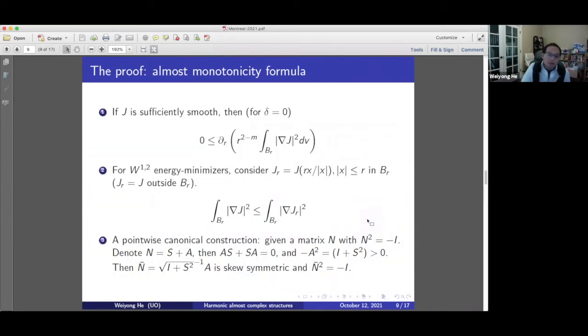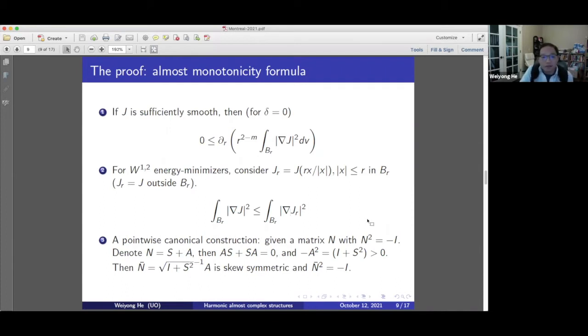Okay. So as I mentioned, for this smooth setting, almost complex structure, we have the homotopy classes and then the invariants, essentially from, for example, the Chern classes. And in this W12 setting, all this information will be lost, since in general they are not continuous. In particular, in S4, we can even find such a thing.